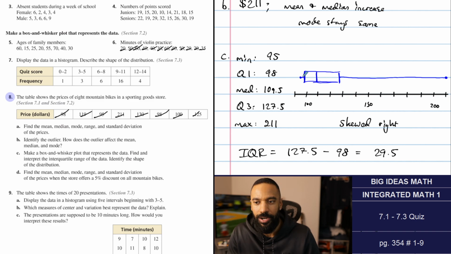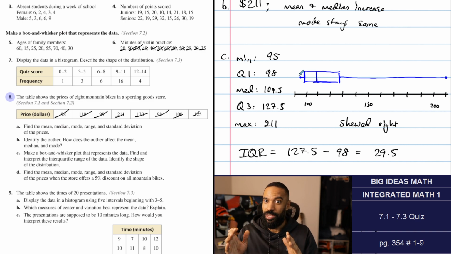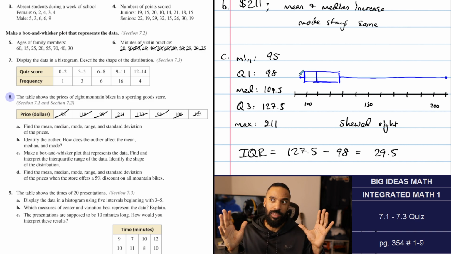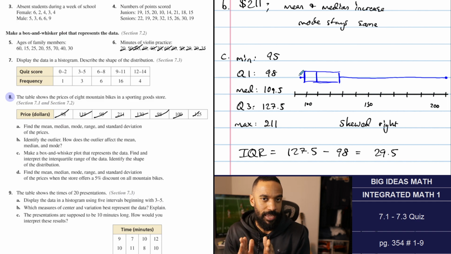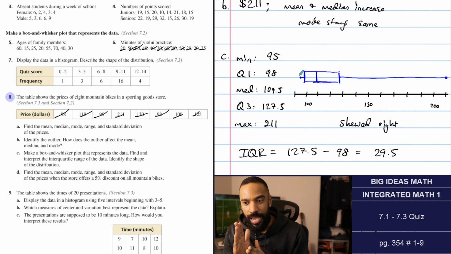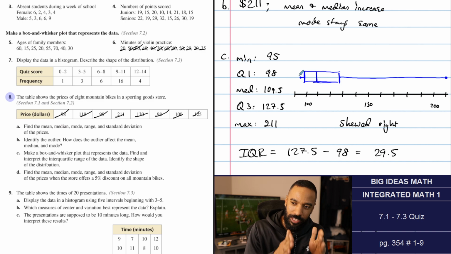This little bit right here is where 25% of your data fits. The cheapest 25% of your bikes are going to range between $95 and $98. This is a small sample size, but that's the idea. And then the next 25% is here.